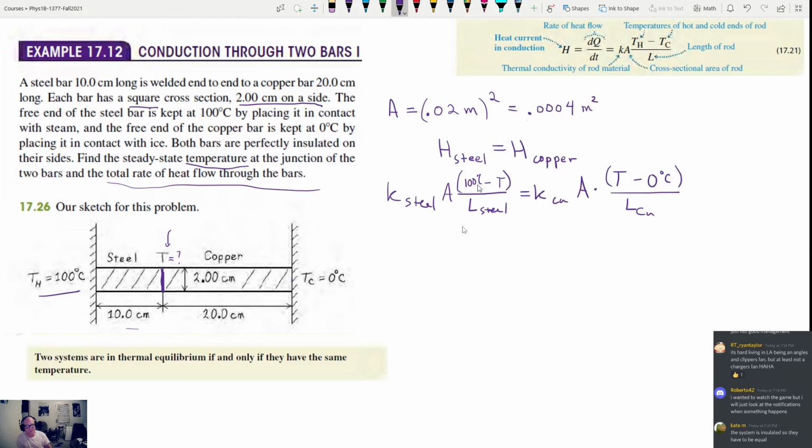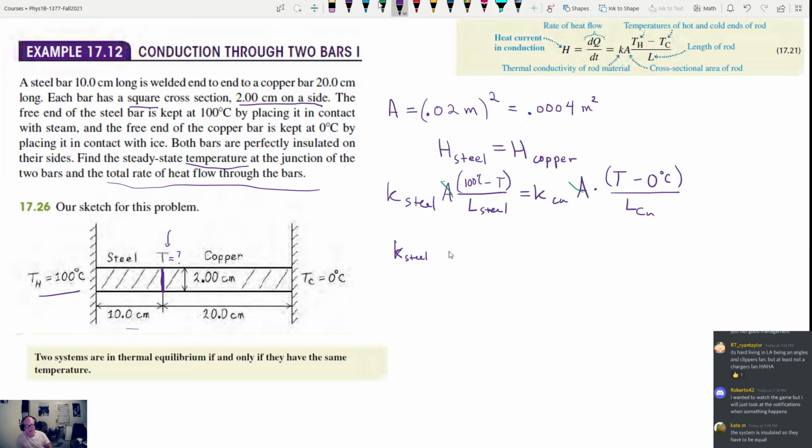And now all we need to do is to solve for T. So let's do it. What I'm going to do first is just multiply out. So K steel times, well, let's cancel out the areas. That will save us a lot of time.